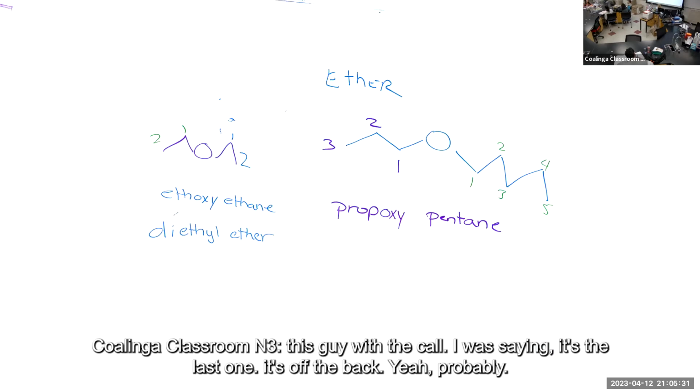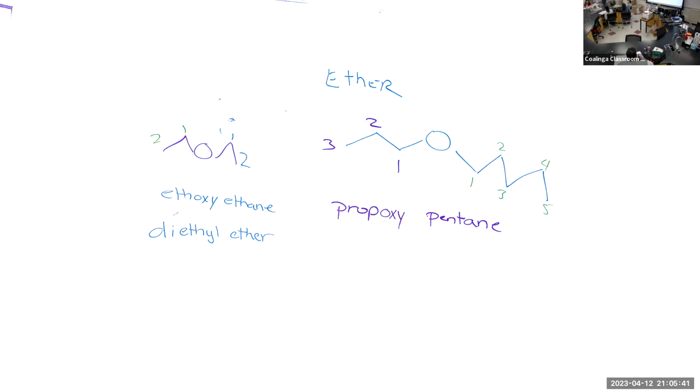This guy would be called, longest chain gets the last one, or it's alphabetical. So we have propyl, P, and N. Which one goes first? It's alphabetical. Propyl. So we call this N-propyl.